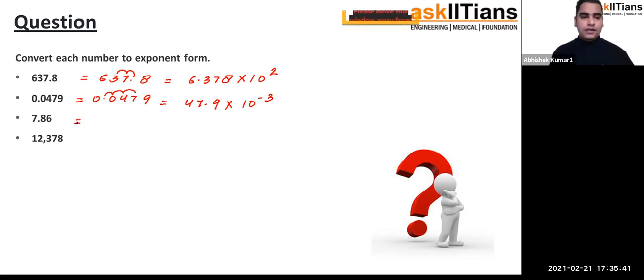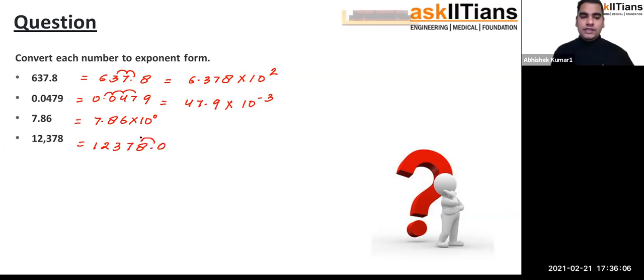Okay. After that, you have 7.86. So 7.86 is already in standard form. So you can write it like this: 7.86 into 10 raised to the power 0. That's like you don't need to do anything. In the last one, you have 12,378. So this 12,378 can be written as 12,378.0.